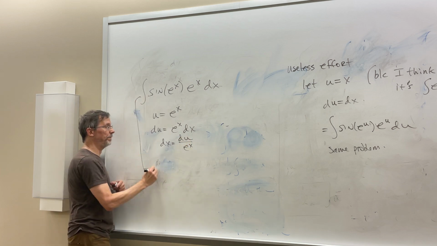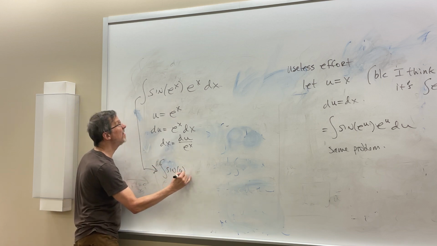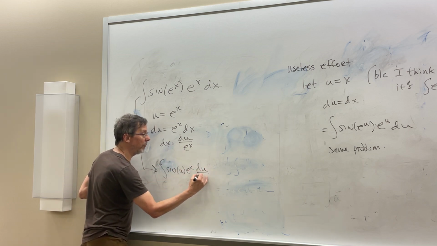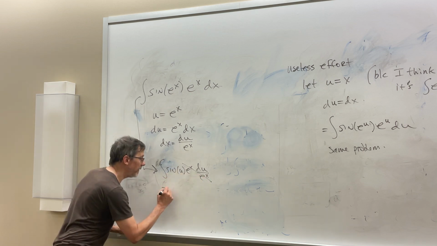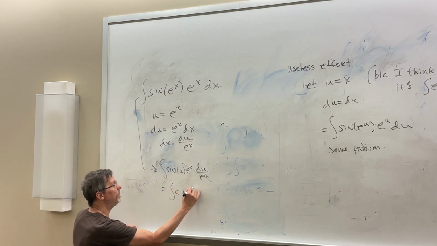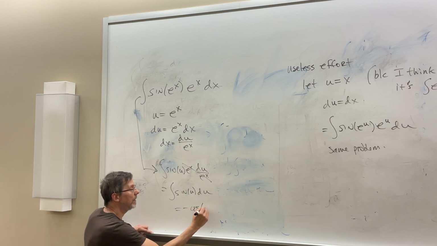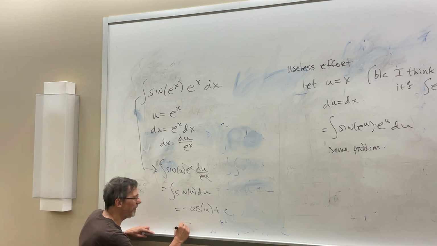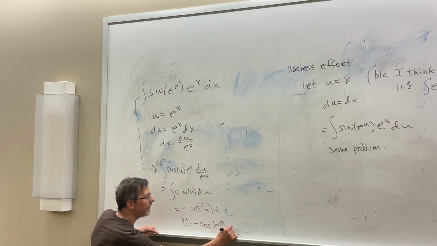Sub, this becomes sine of u, e to the x, du over e to the x, zip, this is integral sine of u du, that is by the table, negative cosine of u plus c. Now there's the negative, Calvin, now I got a negative. Back substitute, negative cosine of e to the x plus c.